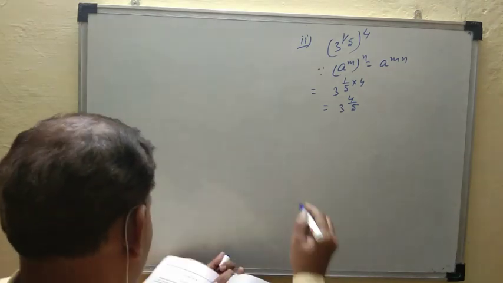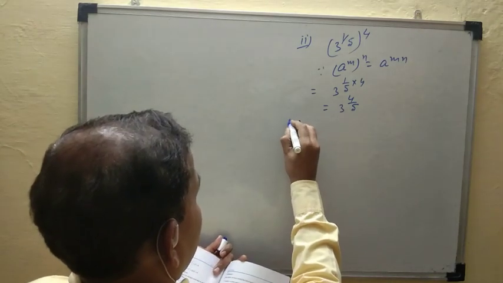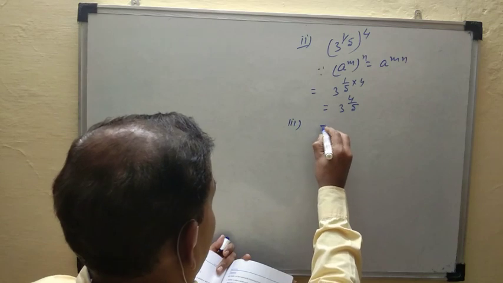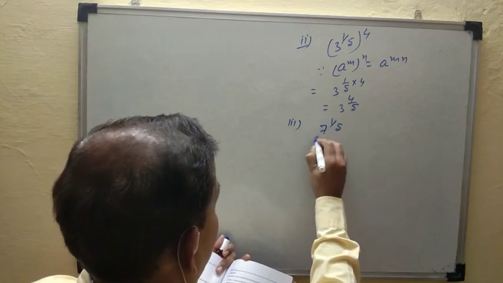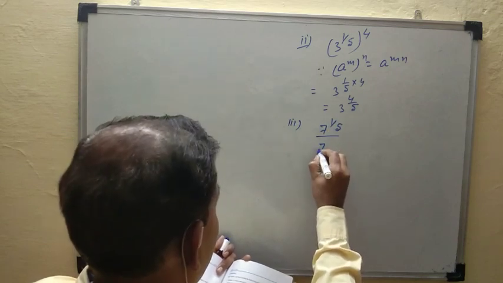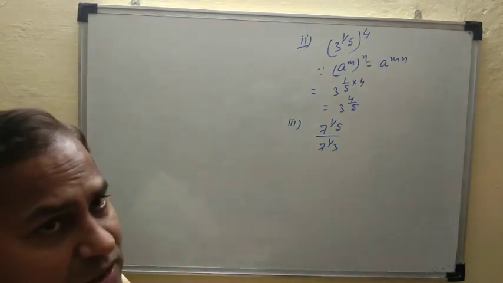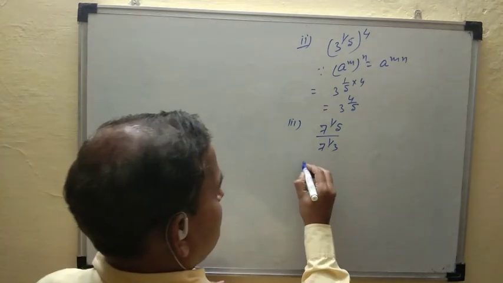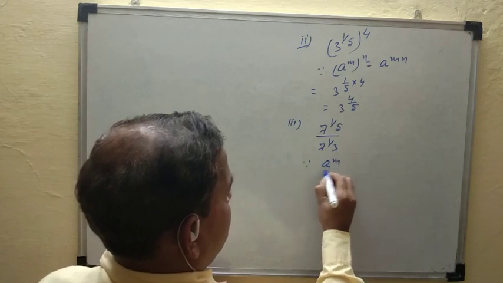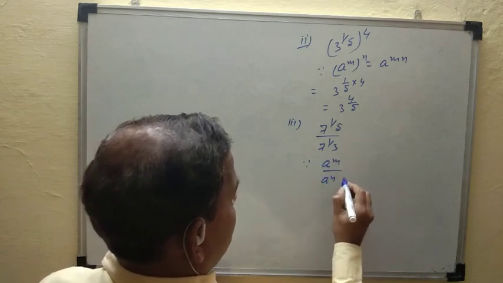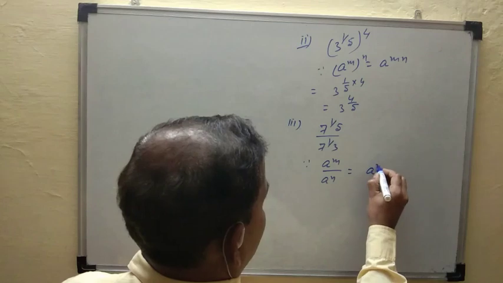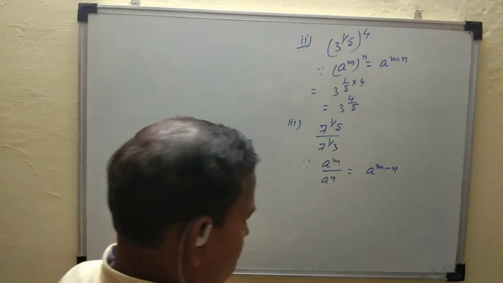Third is 7 to the power 1 by 5 divided by 7 to the power 1 by 3. Simplify. Here use the property: a to the power m by a to the power n can be written as a to the power m minus n.